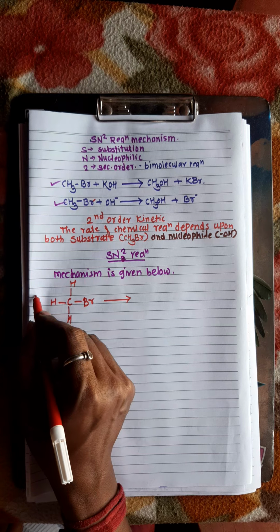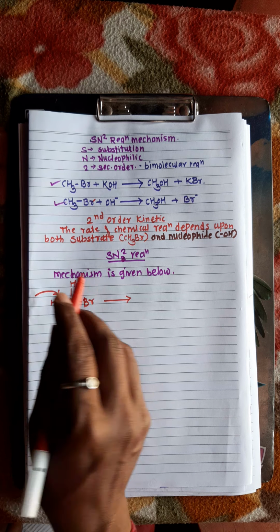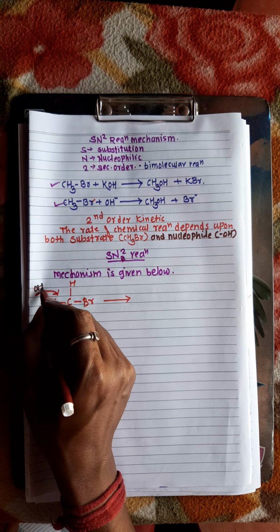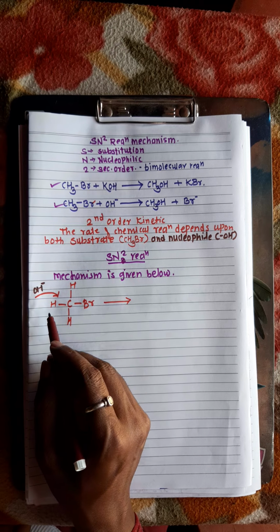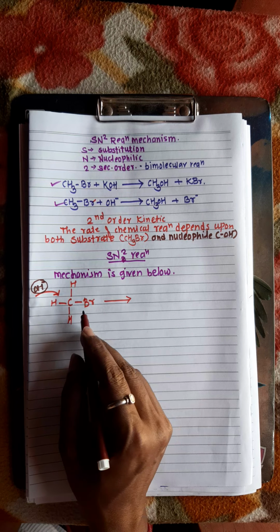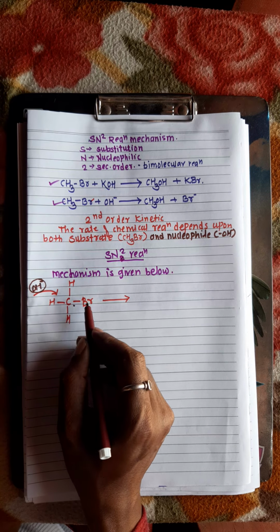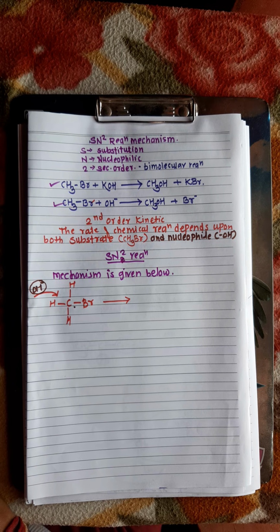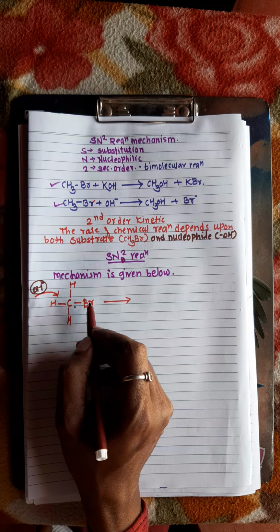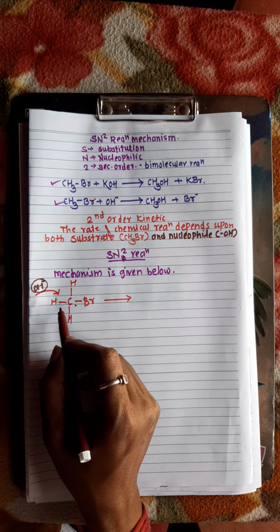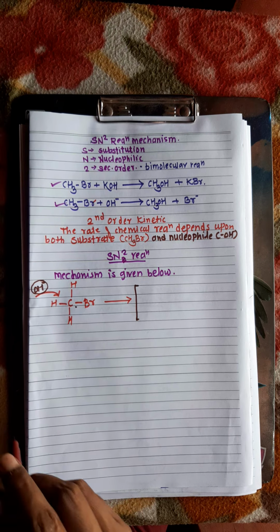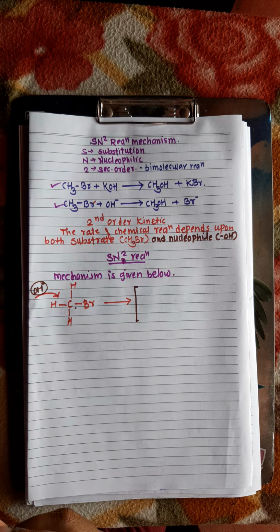The OH minus, that is the nucleophile, attacks from the back side of the bromine, because there is bulkiness or repulsion. Hence, there is a formation of an intermediate step called the transition state.